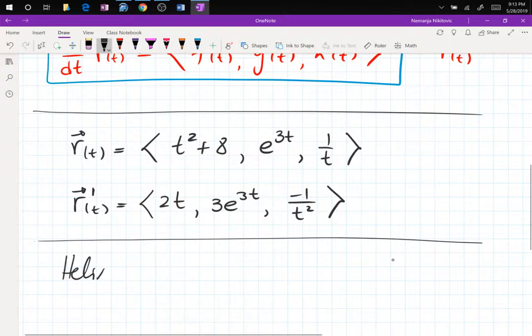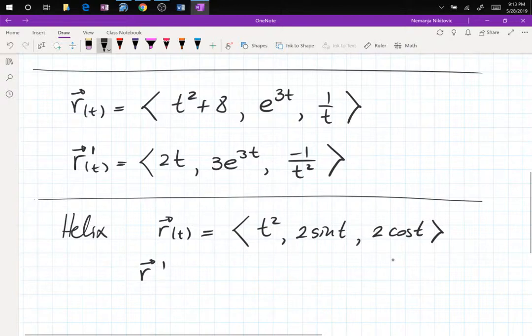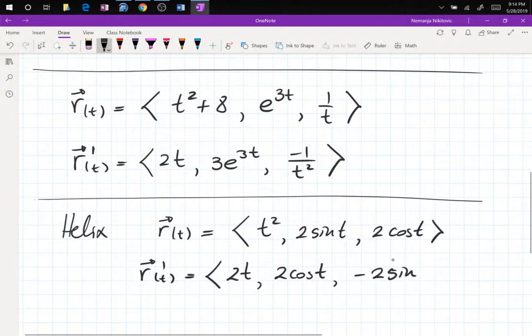Helix. Let's say you have a helix given by r of t equal to t squared, 2 sine t, 2 cosine t. Tell me what the r prime of t is. 2t, 2 cosine t, yes, negative 2 sine t.